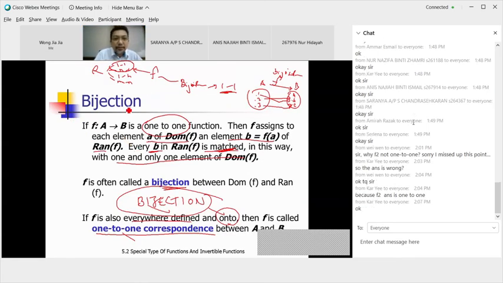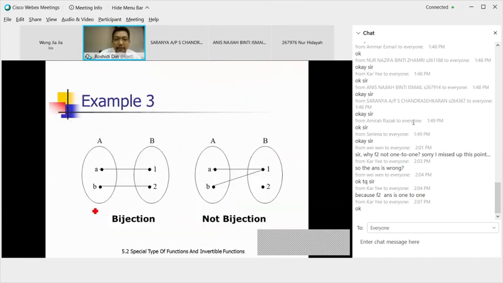Now we still talk about bijection. Bijection means we fulfill all these three conditions. Once we fulfill this one, this one, and this one, we call it bijection. For example, this one is not a bijection; this one is a special one-to-one.